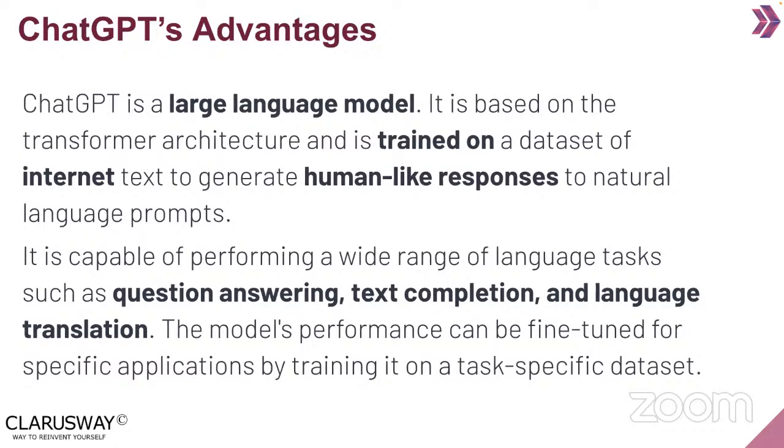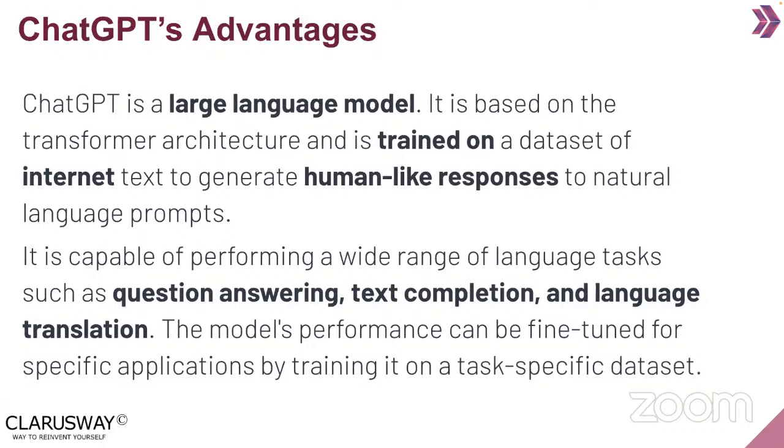ChatGPT, as you may know, is a large language model, based on the information lingering around the internet, and it is trained on a data set of text to generate human-like responses. When you check the user interface for ChatGPT, you are going to see that it is very easy to use, very understandable.